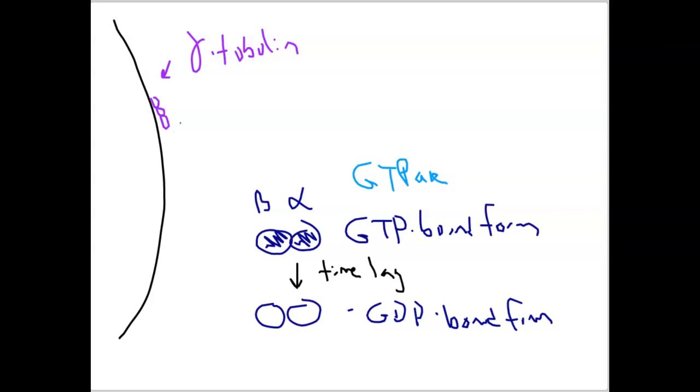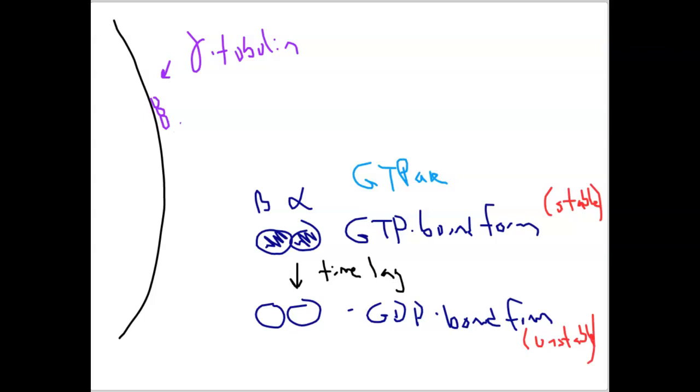The reason that benefits us is because any tubulin that is bound to GTP is stably formed in a microtubule, and any tubulin bound to GDP is unstable. It doesn't really like to be part of that microtubule, and it would rather be a free dimer than part of the microtubule.